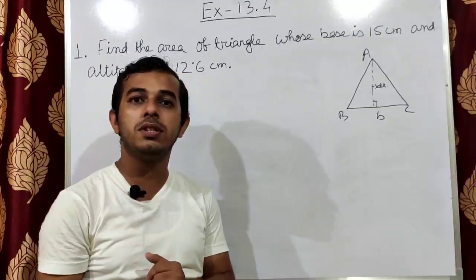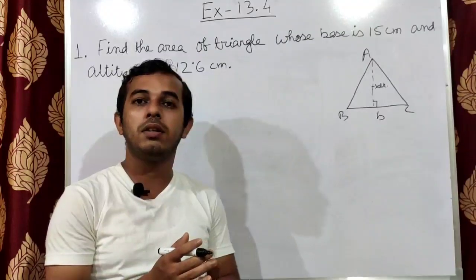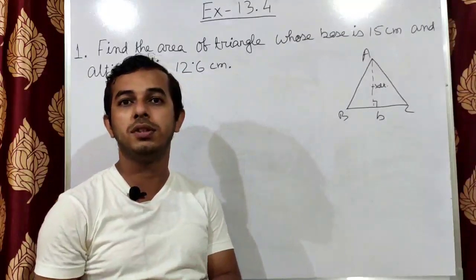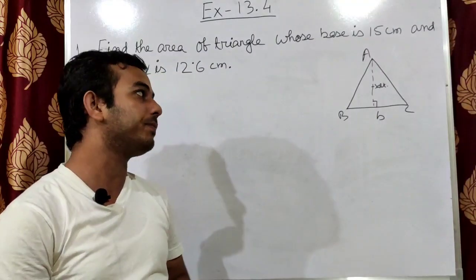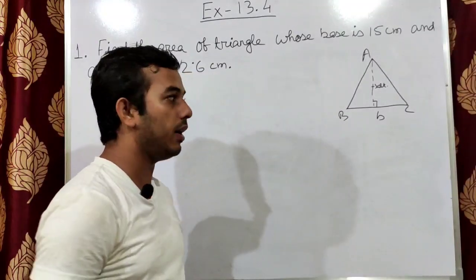And altitude was what? When we draw a line segment from a vertex to its opposite side and the line is perpendicular to the opposite side, right?